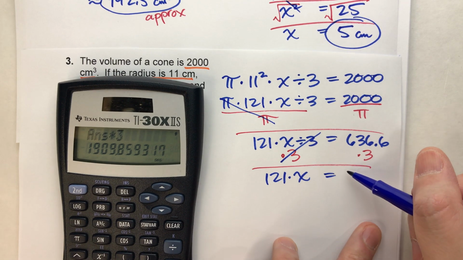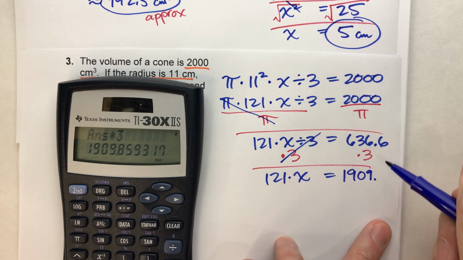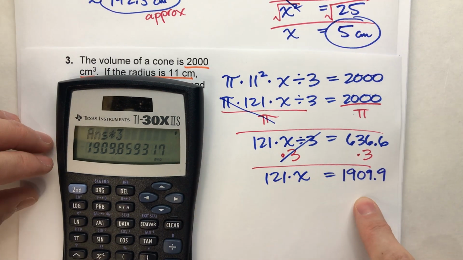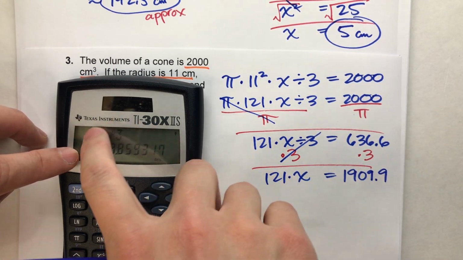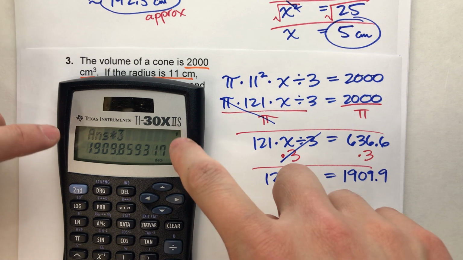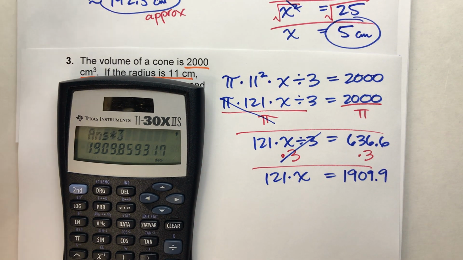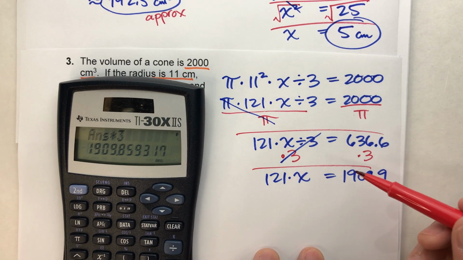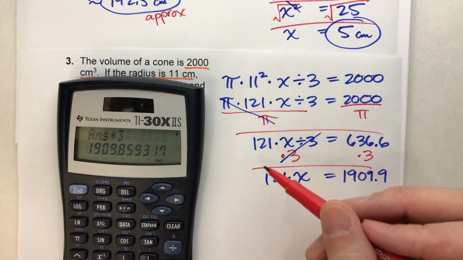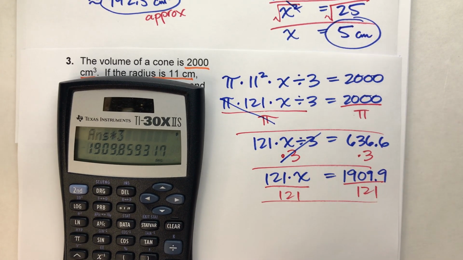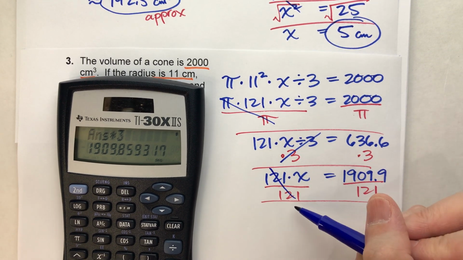I still get another crazy decimal, 1909 point, let's call that 0.9. All right, but I'm being more precise with my answers because I'm using the exact numbers that the calculator found before. I'm not rounding it each step of the way. Okay? So now, last step. It says times 121, so I'm going to divide by 121 on both sides. And those undo each other.